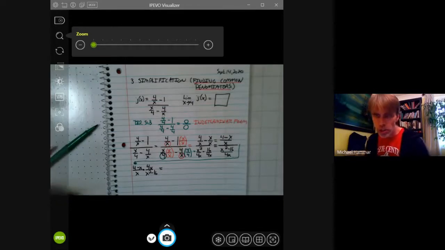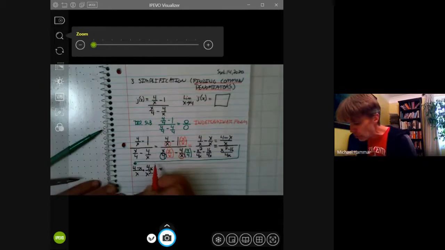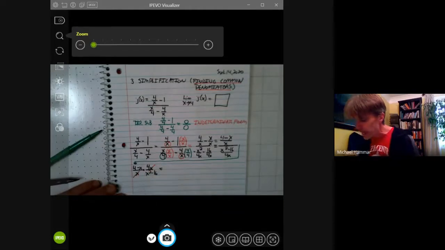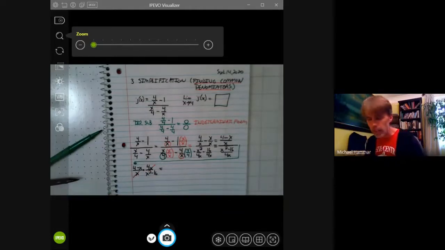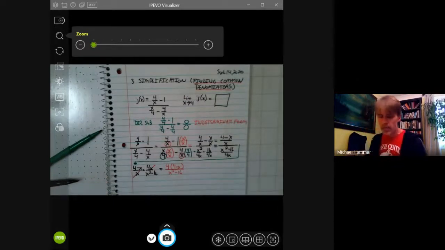Now, what should start to happen as you keep simplifying this is things should start canceling out, okay? So if we go like that, the two x's cancel out, okay? So we now have 4 times 4 minus x over x squared minus 16.